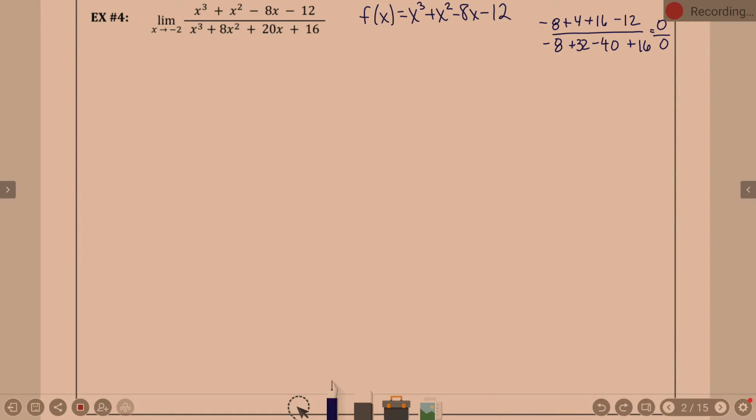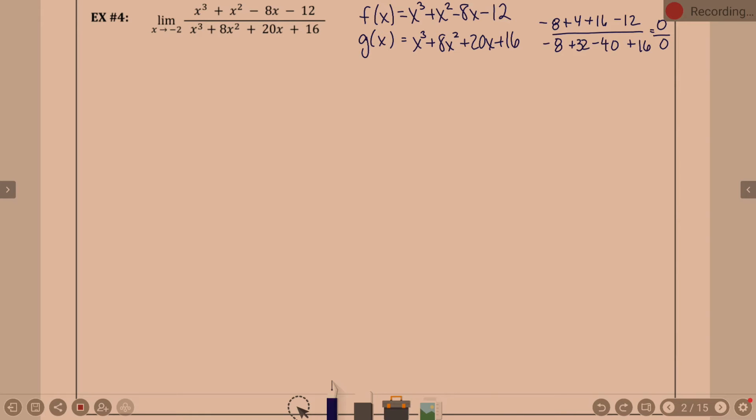Every time I refer to that equation throughout my work, rather than writing the whole thing out, I can write f of x. My denominator, I'm going to call g of x. So it's x cubed plus 8x squared plus 20x plus 16. This is legal math stuff. This is something that would be accepted on AP.